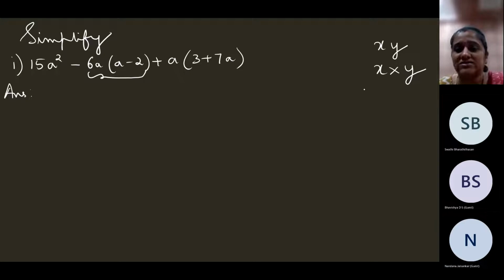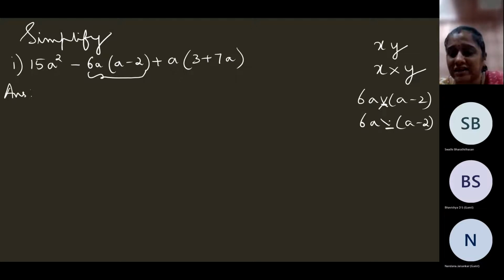So similarly, 6a and a minus 2 have no sign in the middle. That means multiplication. So it is 6a into a minus 2. Similarly, here a into 3 plus 7a.